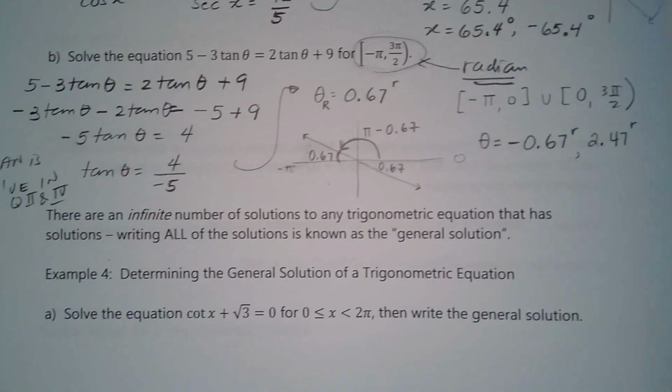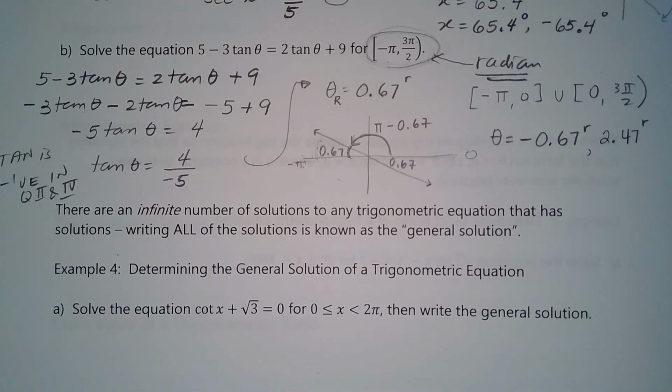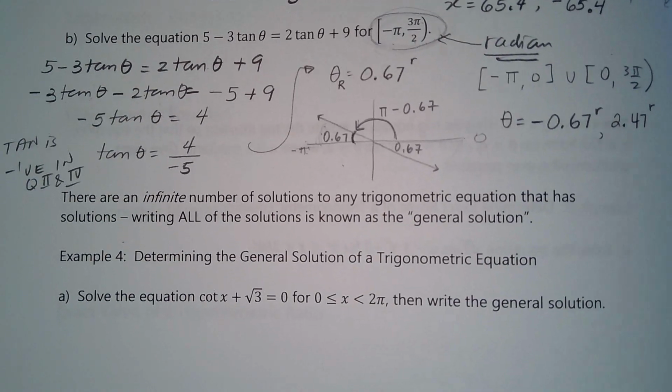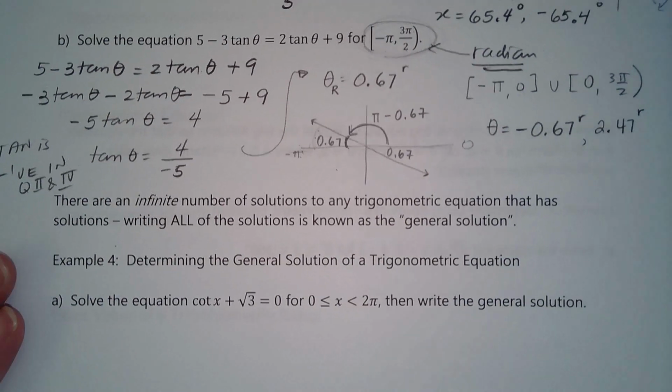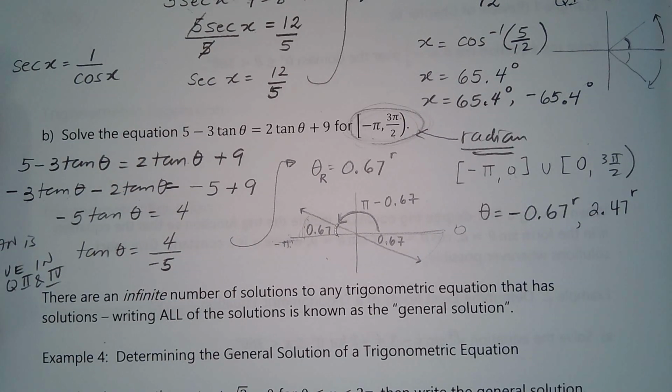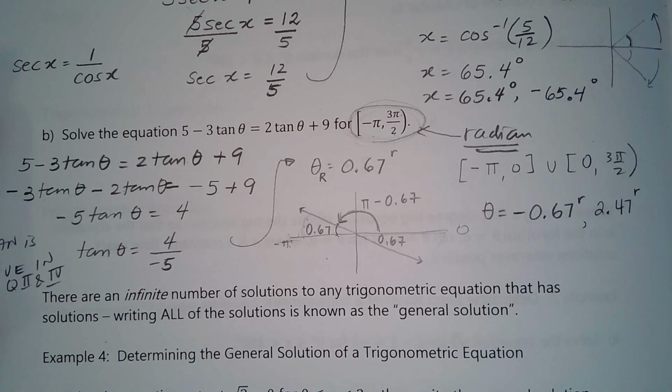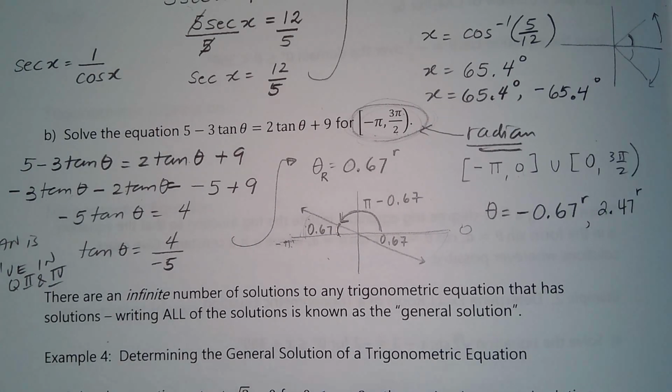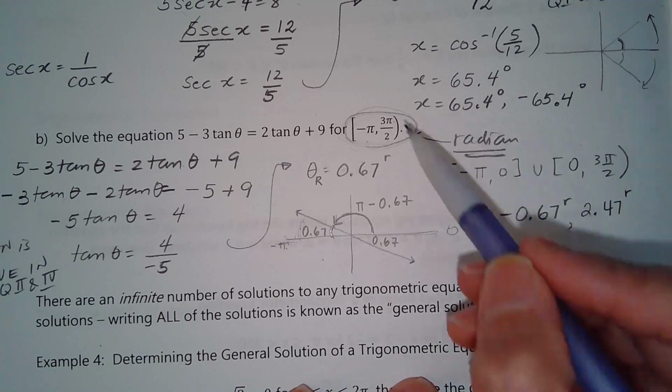Now let's take a look at example 4. Before I move on to example 4, are there any other questions? Why is there a bracket on one side and otherwise by itself? This one? Oh, it's because of this.